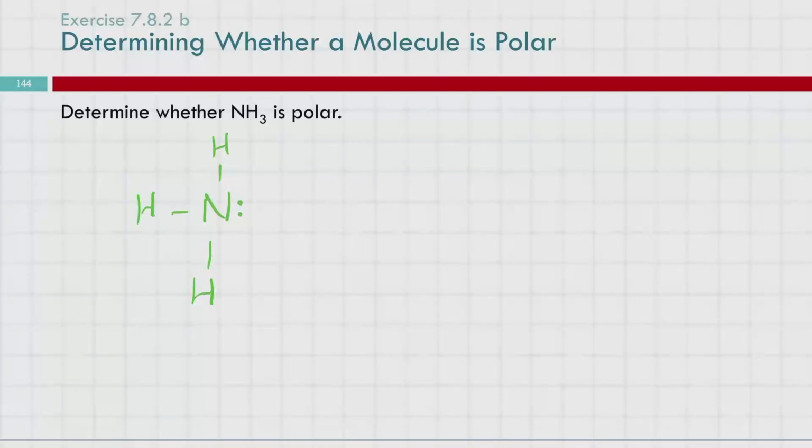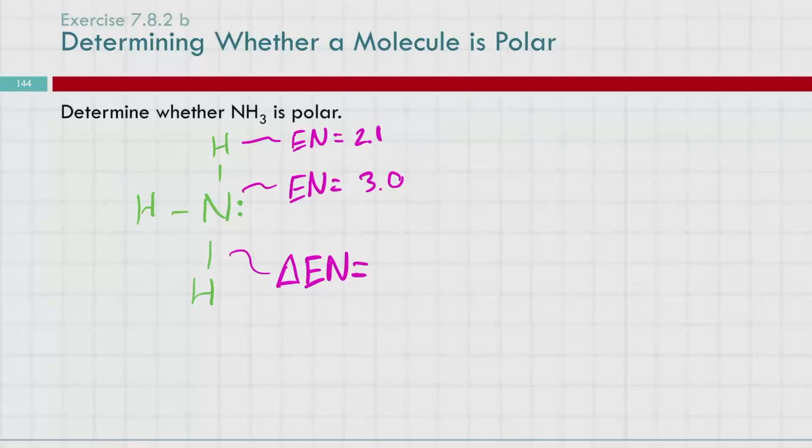Nitrogen is a 3.0 on the electronegativity scale, and hydrogen has an electronegativity of 2.1. So our change in electronegativity, 3.0 minus 2.1, is 0.9. That is solidly in the polar region.